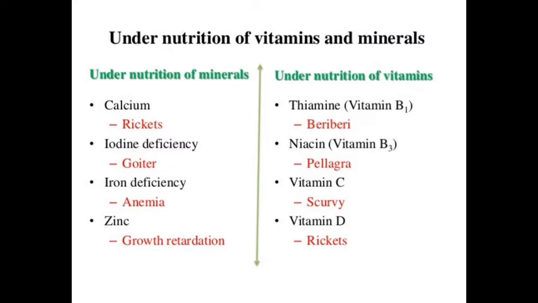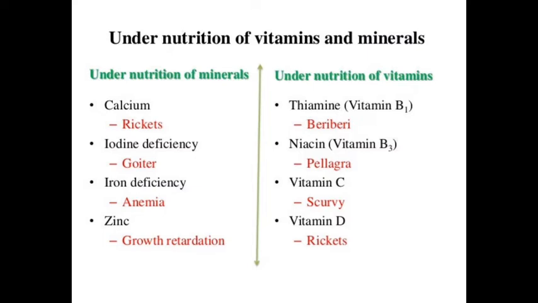Under minerals, the first one is calcium. Due to undernutrition of calcium, the disease which occurs is rickets, and due to iodine deficiency is goiter. Due to iron deficiency is anemia, and due to zinc deficiency is growth retardation.